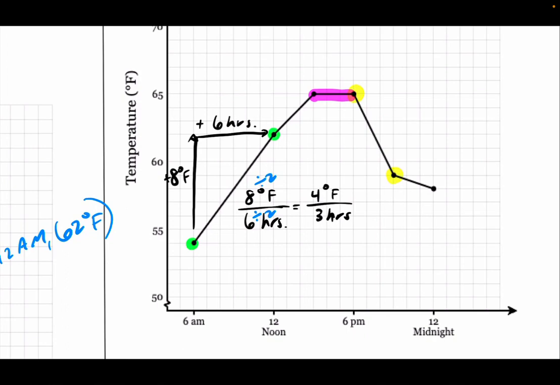So how much did it go down every 1 hour? Or how much did it go down from yellow to yellow? It went from 65 to 59. So it went down 6, right? So we say 6 degrees Fahrenheit went down.